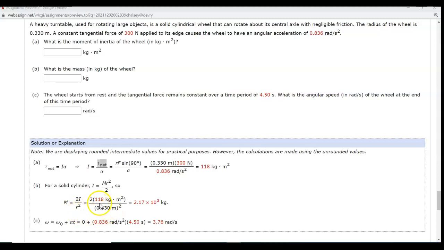So we have 2 times the 118 kilograms meters squared that we just solved, and the 0.330 radius that was given. And that would be, you move the decimal point 1, 2, 3 places, and that would be 2170.